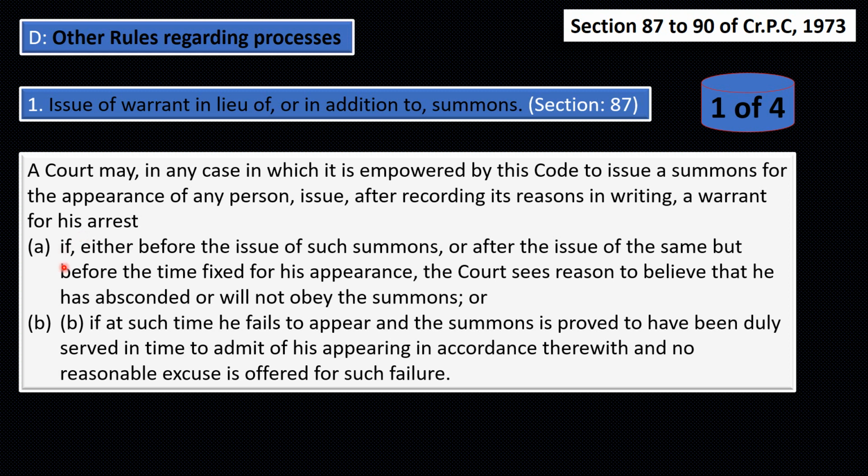Clause A of Section 87 says, if either before the issue of such summons or after the issue of the same but before the time fixed for appearance, the court sees reason to believe that he has absconded or will not obey the summons, or Clause B of Section 87 says if at such time he fails to appear and the summons is proved to have been duly served in time to admit of his appearing in accordance therewith, and no reasonable excuse is offered for such failure.